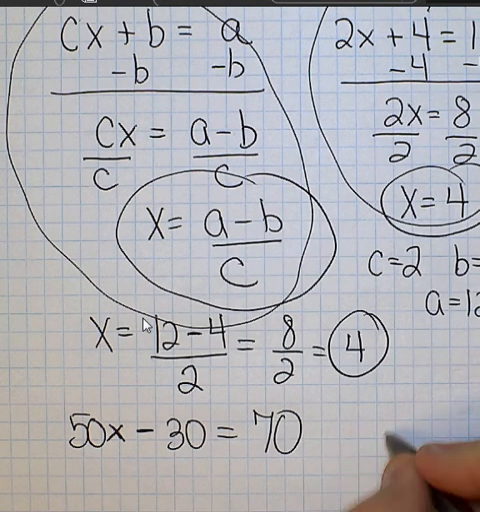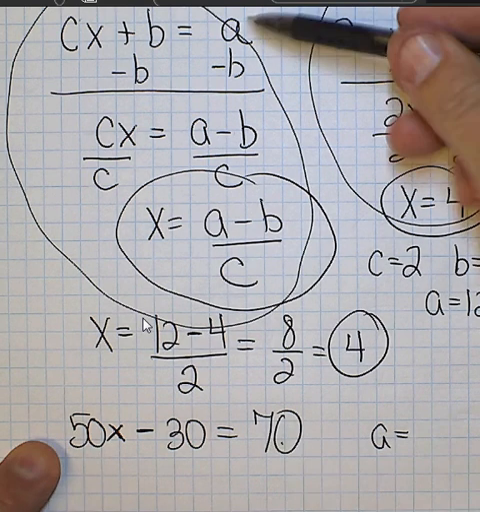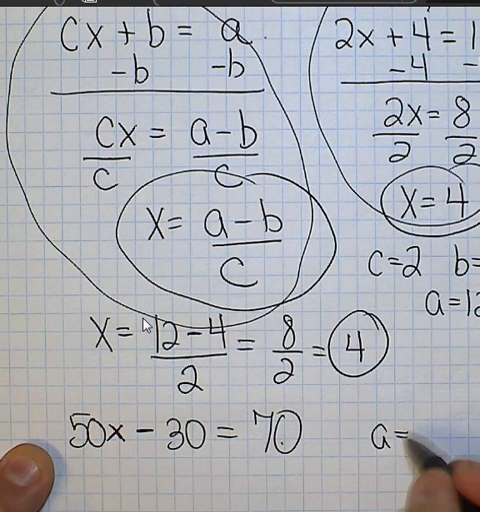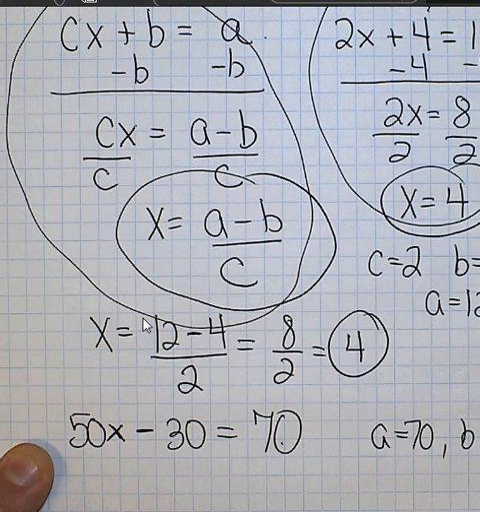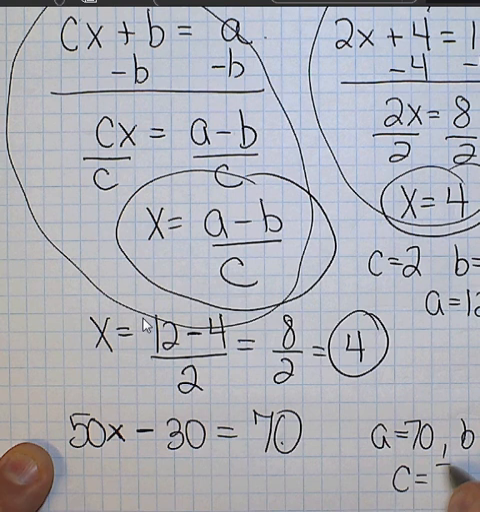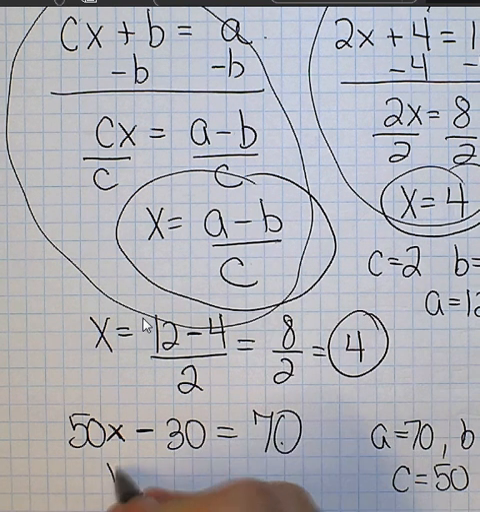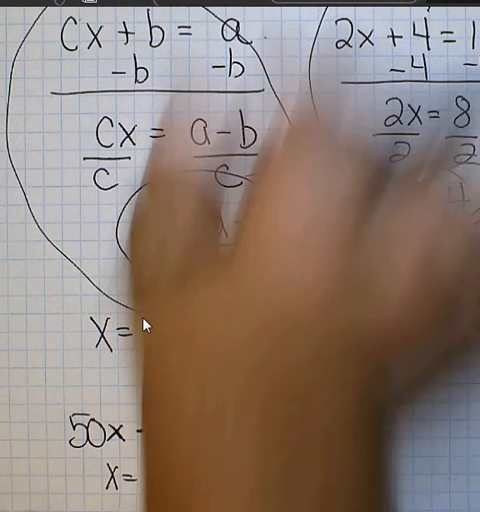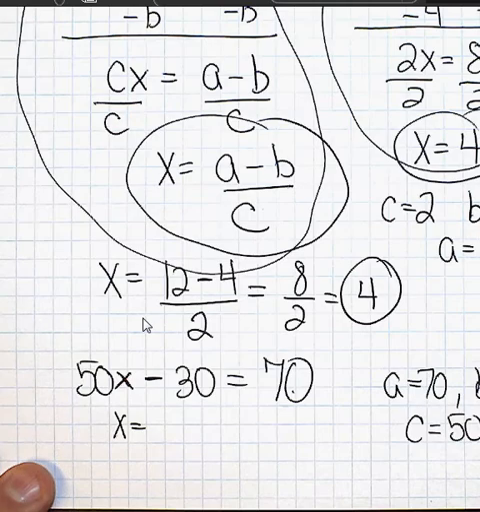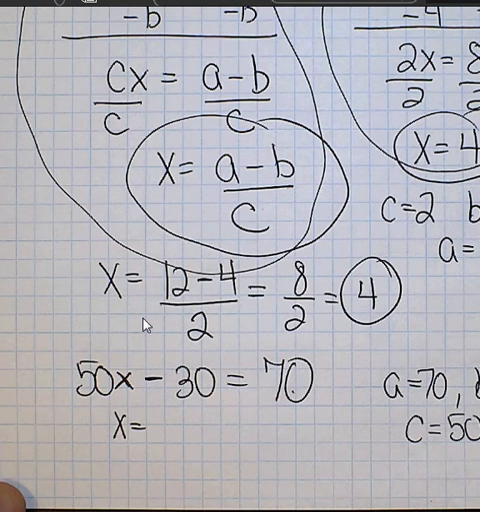So what would my A be if I take this and I relate it back up to here? 70. Good. What would the B be? B would be negative 30. And what would the C be? 50. All right? So now let's plug it into here. X is going to equal A, which is what?